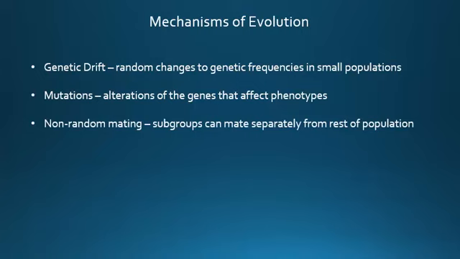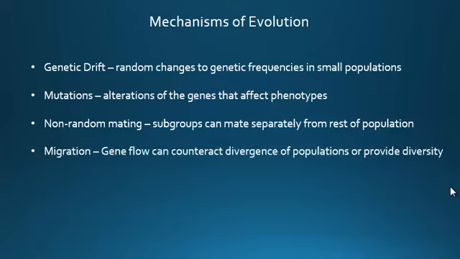Non-random mating is another force that can occur when subgroups start to mate separately from the rest of the population, and we can get instances of inbreeding or very selective mating that can cause parts of the population to change and become different. Migration, it turns out, is another mechanism of evolution, but this force tends to counter the force of change between populations.